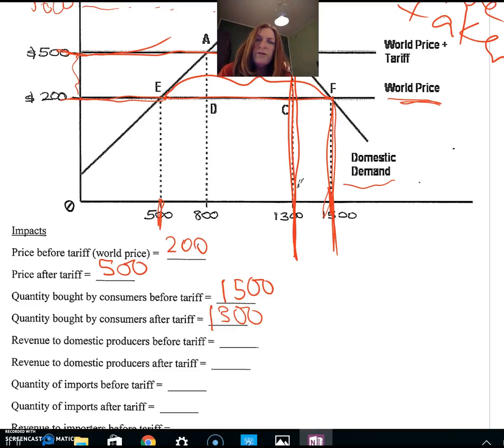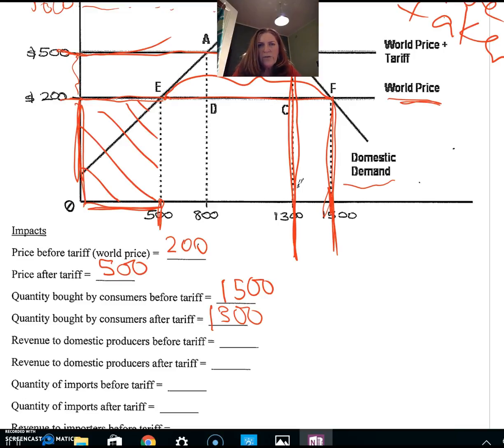What about revenue to domestic producers? Before the tariff, domestic producers are selling 500 barbecues at $200 a pop. So their total revenue is this box here. That's $200 times 500 barbecues, which is $100,000.